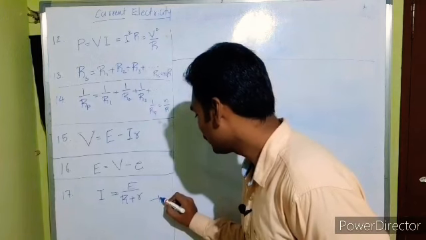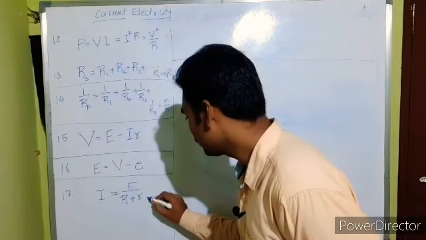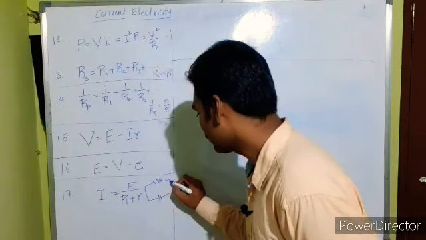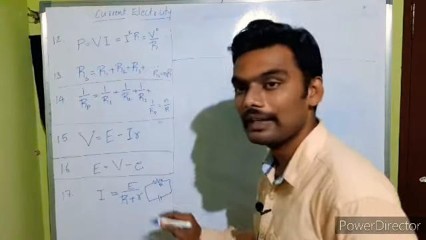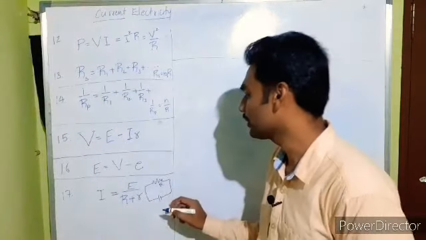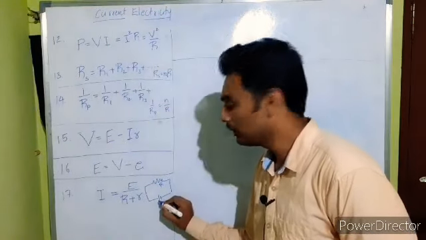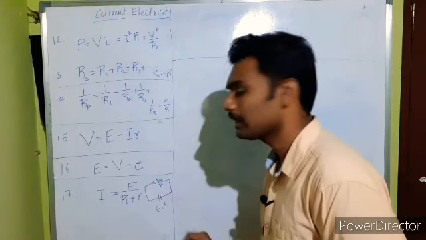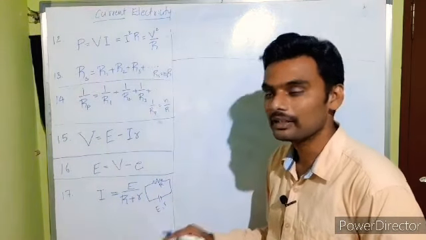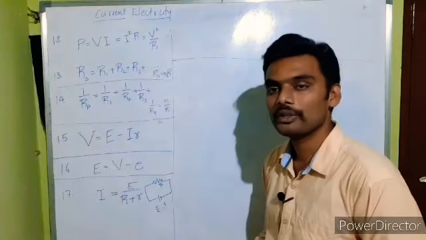Somewhat like this. You have the simplest circuit like this. This is the resistance capital R, external resistance connected to the circuit, and this is the cell of EMF E and internal resistance small r. Every cell will have its own internal resistance and its own EMF.